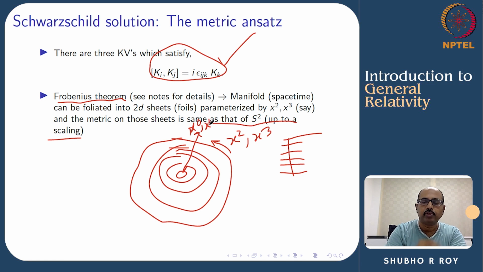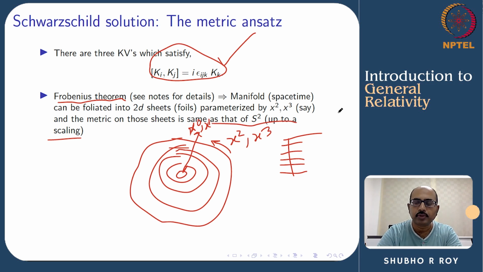As I jump from one foil to another at constant values of x2 and x3, the values of x0 and x1 are changing. So as a result of Frobenius theorem, we can see that this 4-dimensional space-time can be foliated, that is thought of as a collection of 2-dimensional foils, and as you vary x0 and x1, you go from one foil to the other.